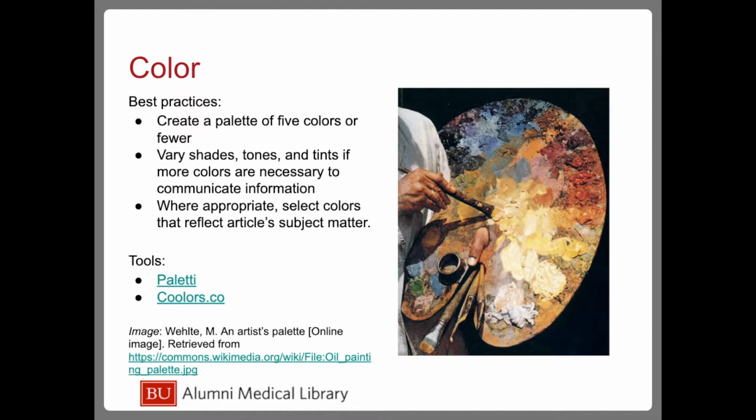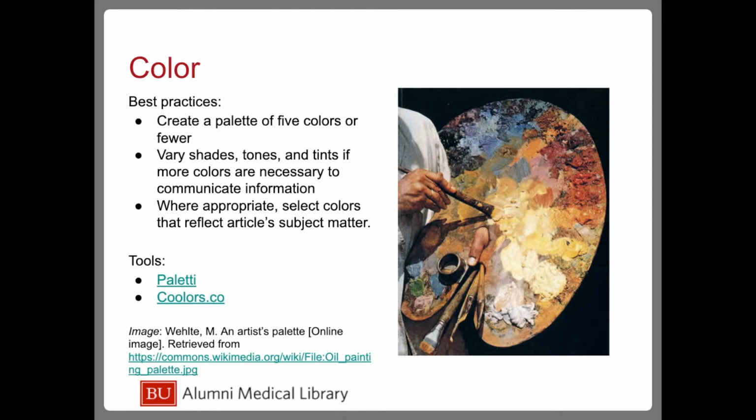Some best practices include creating a palette of colors, so nice colors that go together, in other words, and limiting your palette to 5 or fewer. You don't want too many colors in your visual abstract. If you need more than 5, you can just vary the shades, tones, or tints of the colors in your palette in order to communicate whatever information is necessary.